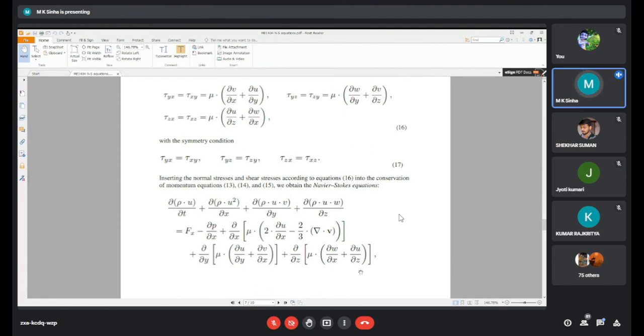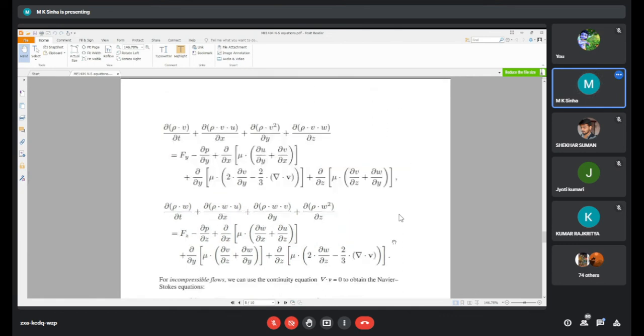So this is the momentum along the x-axis written from equation number 12, with these relations between the stresses and velocity gradients, or velocity derivatives. So here we have written the x momentum direction.